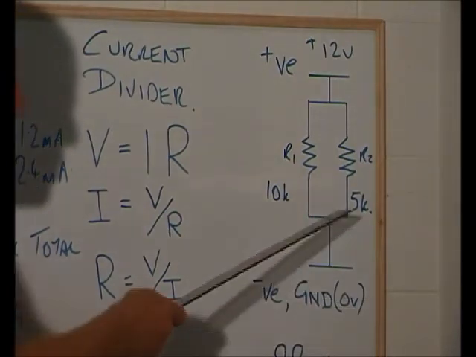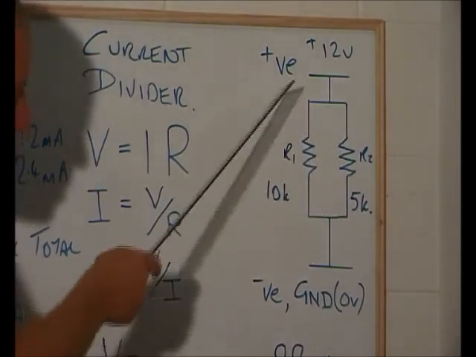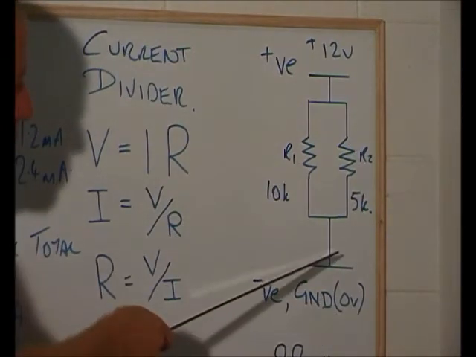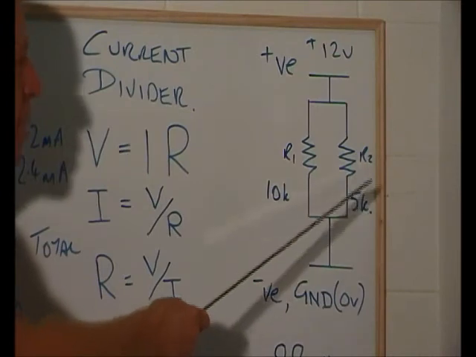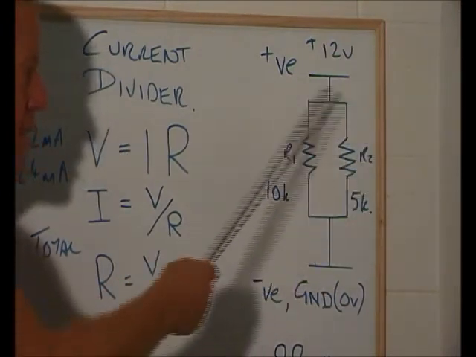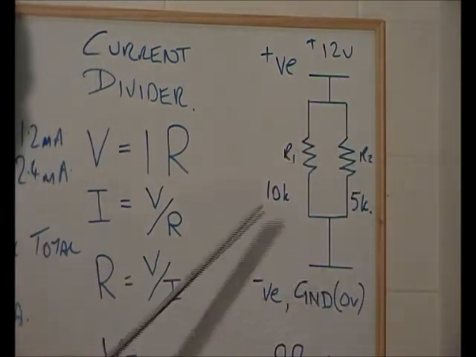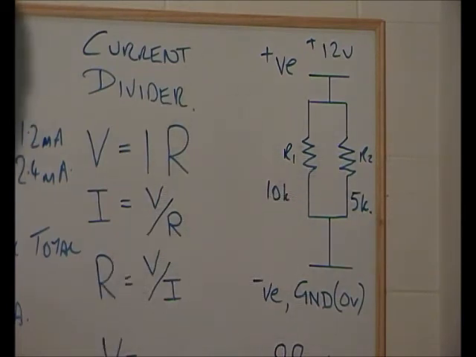So you can see that the current will vary through each resistor, but the total current flow will remain the same, because it's viewed as one resistor in this parallel circuit, a resistor that equals 3.333k, or 3,333 ohms. And that's, yeah, current divider circuit.